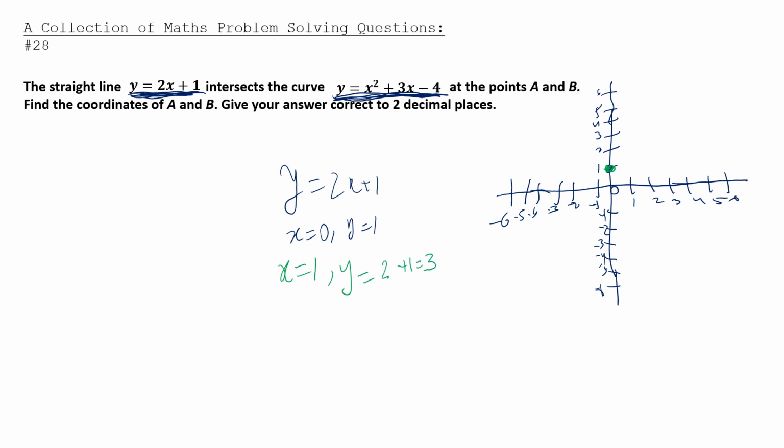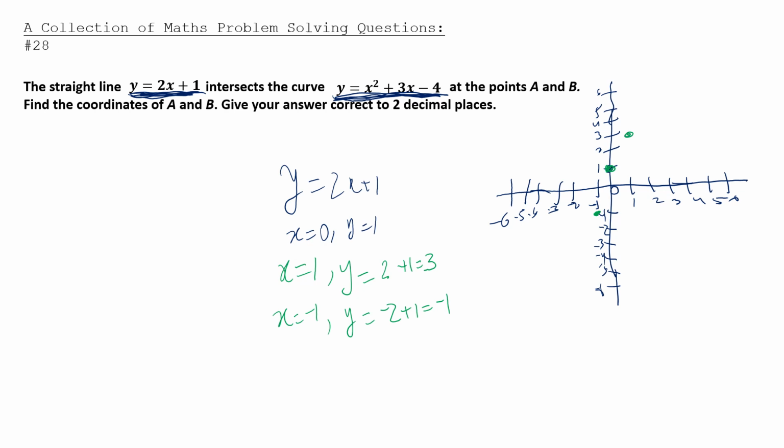So the other point is 1 and 3, which is here. Then if I put x as minus 1, I get y equals minus 2 plus 1, that's minus 1. So minus 1 and minus 1 is here.